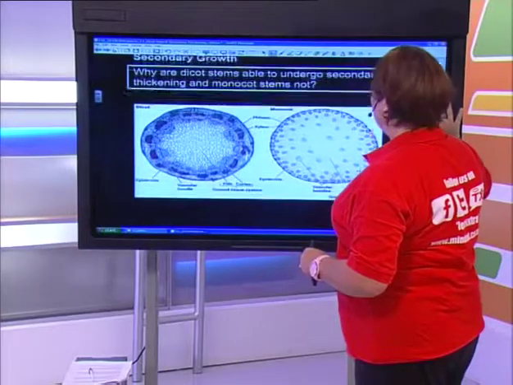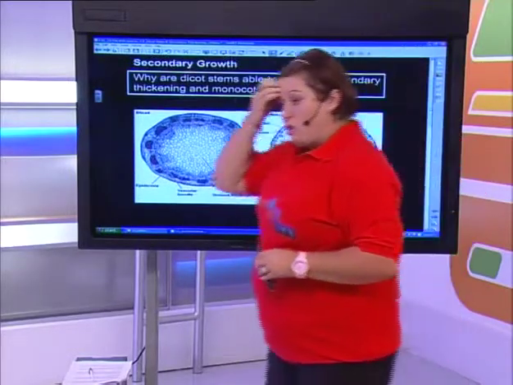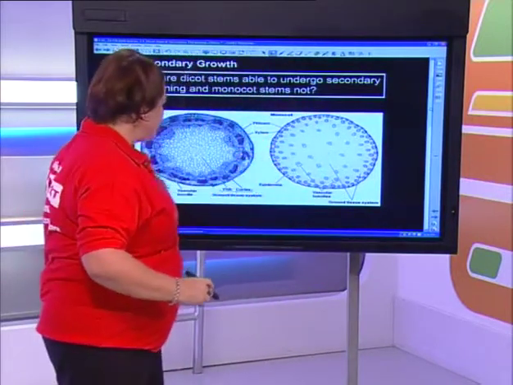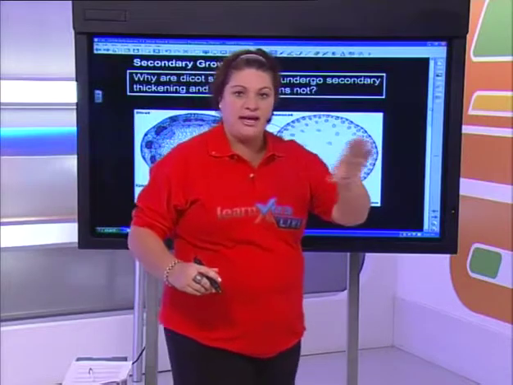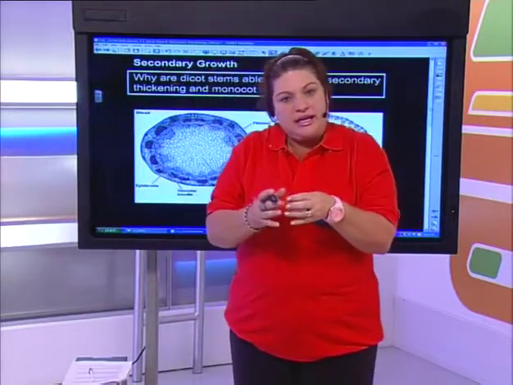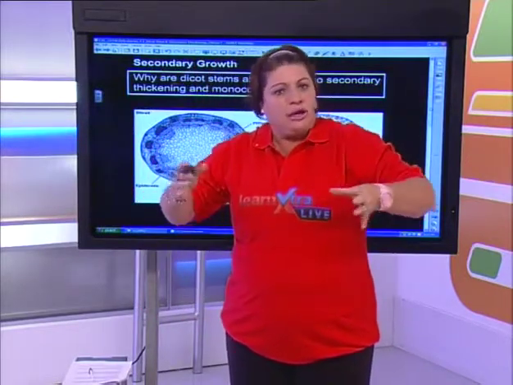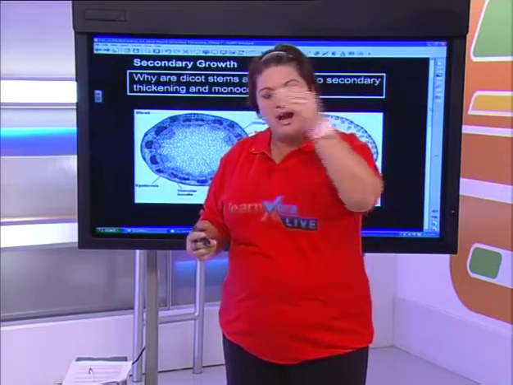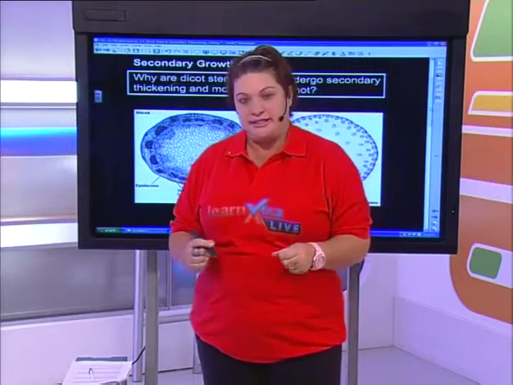Now I want you to look carefully here. I asked you to pay attention to the different rings when we were looking at the tree. I said to you, secondary thickening is going to involve growing wider. And we're going to see that growth by a marked ring pattern.